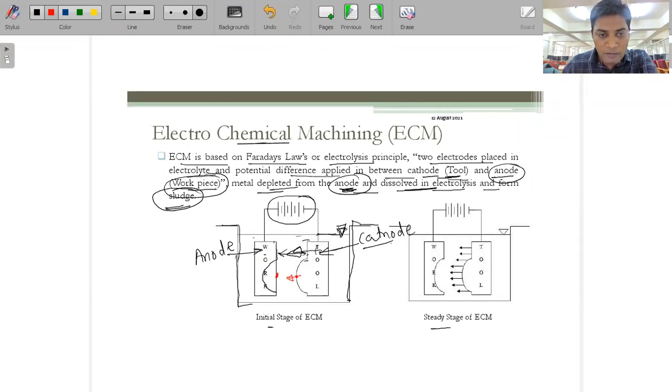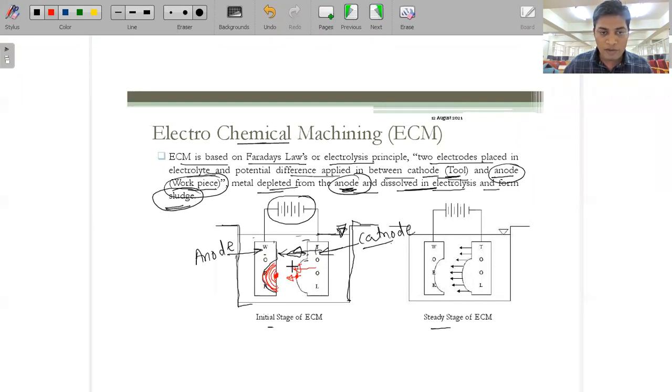So the material will start removing from the cross sectional area that is closest. As we are continuously pushing this tool toward this side, this will remove or deplete the material from the workpiece area.